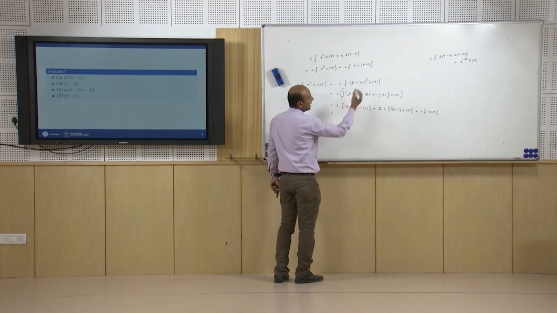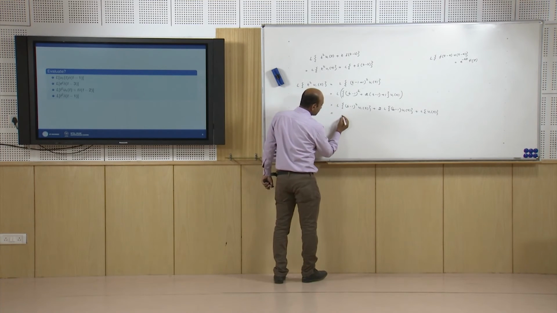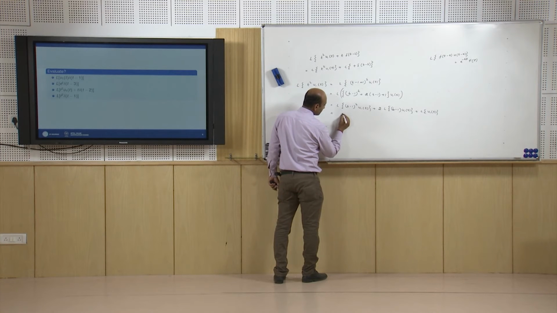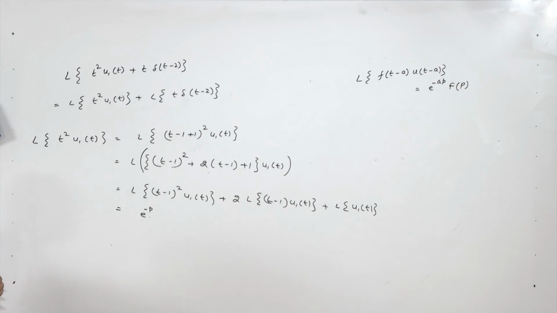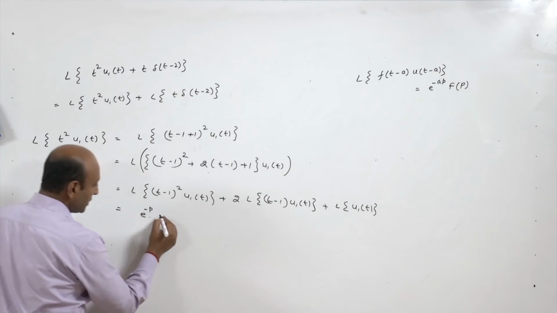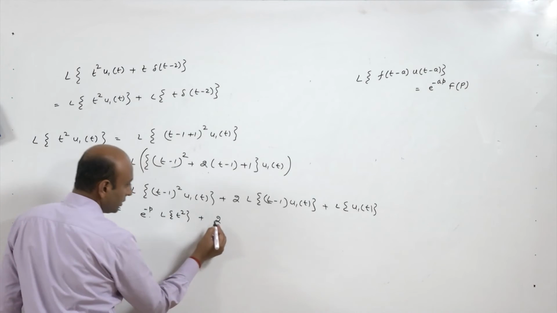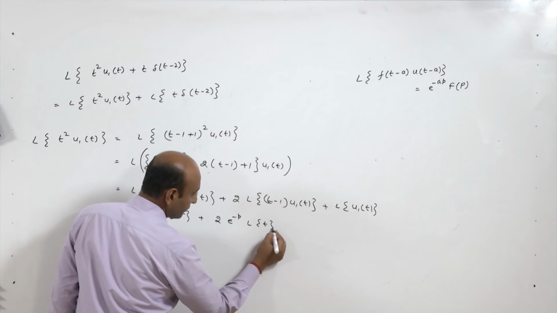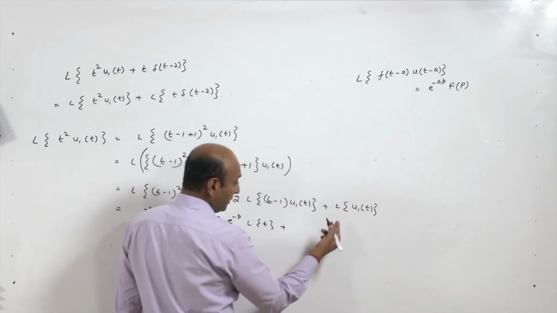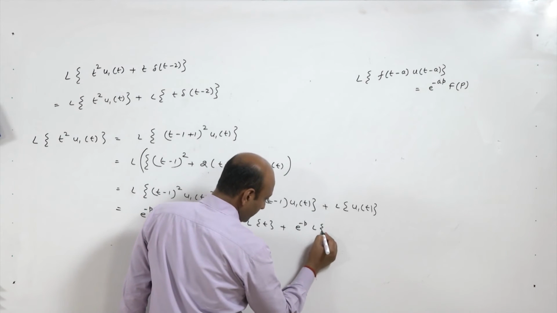Now, using that property, it is nothing but e power minus ap, a is 1, so it is e power minus p into the Laplace of t square, plus 2 into e power minus p again into the Laplace of t, plus e power minus p into the Laplace of 1.